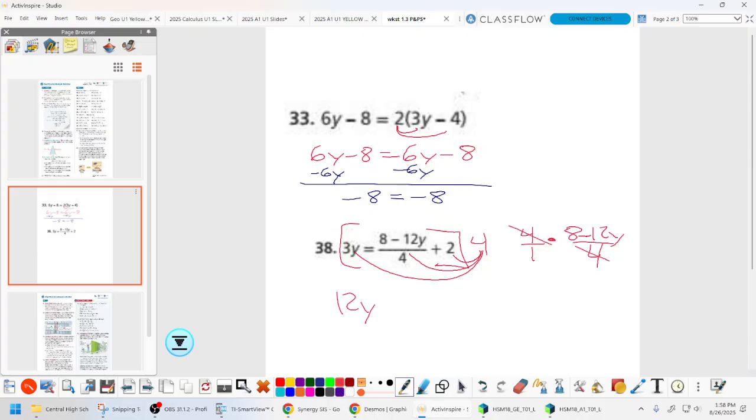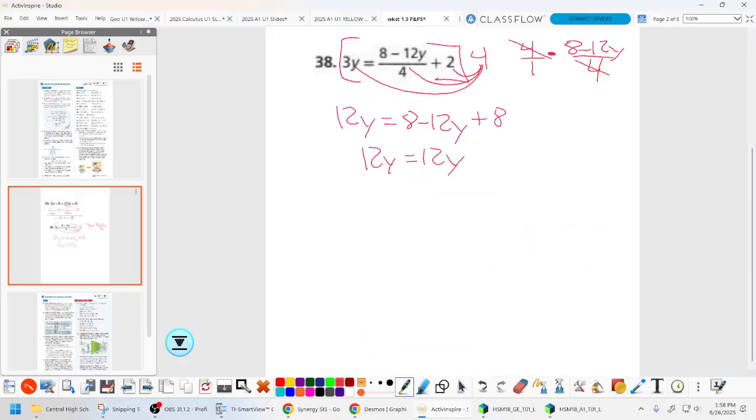And it leaves 8 minus 12y. And then how about here? 4 times 2. We still have to do that. That's 8. Okay? And then notice that it's 8 minus 8. So then we get 12y equals 12y. And that again is the identity. Okay? If you divide by 12, it will just say y equals y.